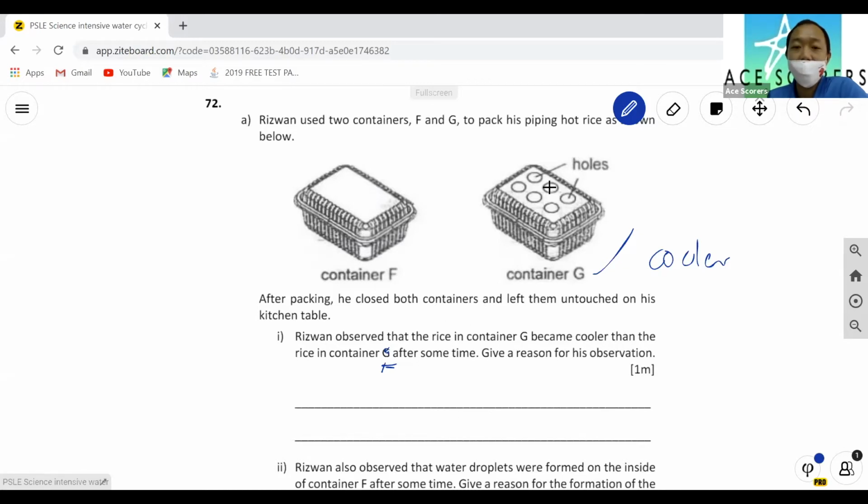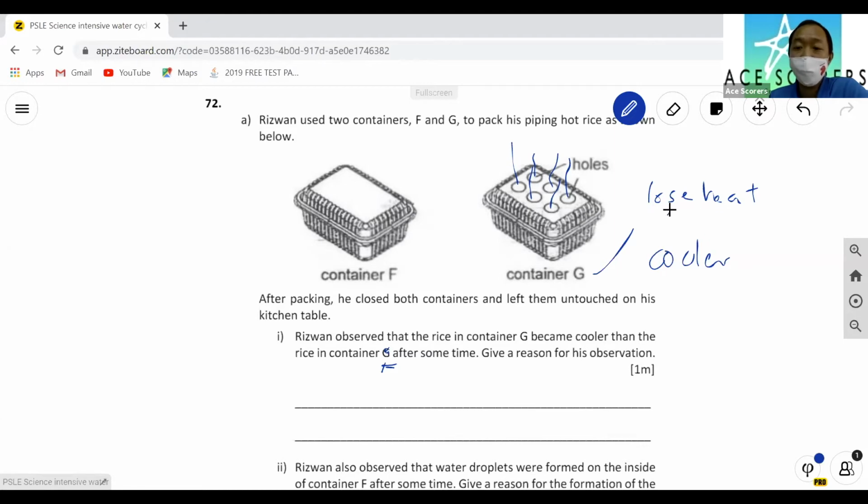Same reasoning, yeah? So there are holes. What happened? Water vapor can escape, right? So because water vapor can escape from here, which one will lose heat faster? Container G loses heat faster, because the question is about cooler, so you need a reference to heat loss.